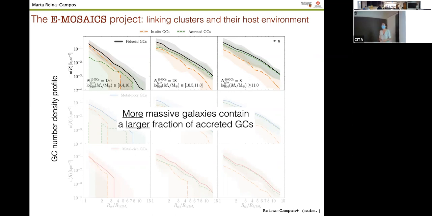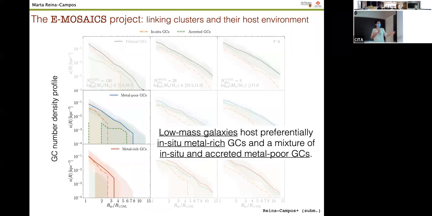This goes in agreement with what we know from galaxy formation, that more massive galaxies have larger fractions of accreted stars. So this is also consistent with our previous knowledge. As we explore the globular cluster populations that have different metallicities, we see that in the low mass regime, so these are galaxies that have low masses, we do see a big difference between the radial profile of metal-poor globulars and metal-rich ones.